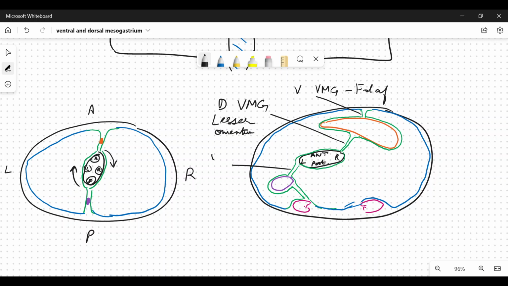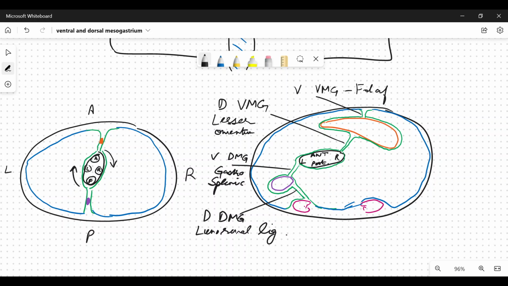Then this is the ventral part of dorsal mesogastrium, which is giving rise to the gastrosplenic ligament. Why gastrosplenic? Because it is stretching between the stomach, specifically the greater curvature of stomach and the spleen. And then finally, this is the dorsal part of dorsal mesogastrium, which is forming our lienorenal ligament. Right.